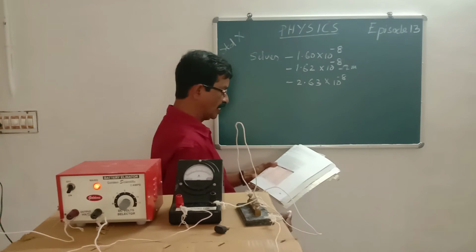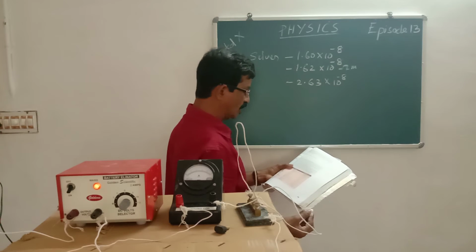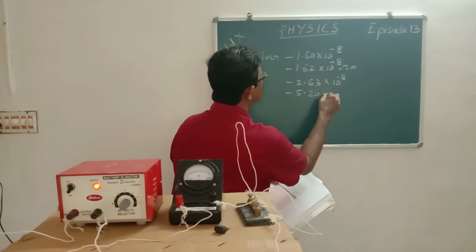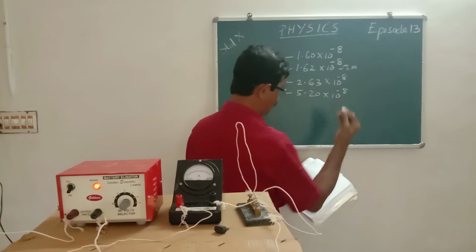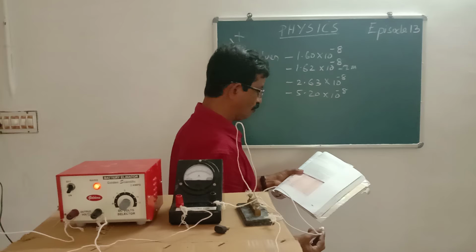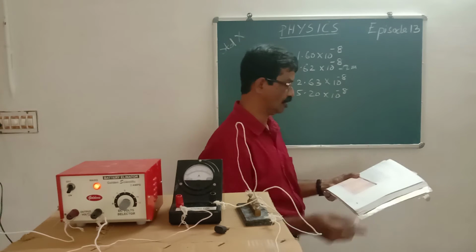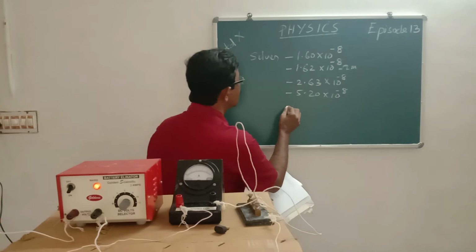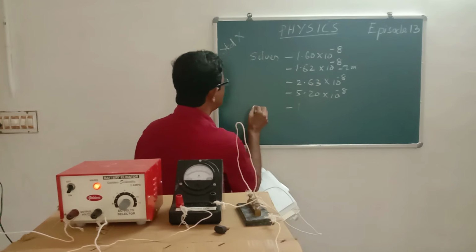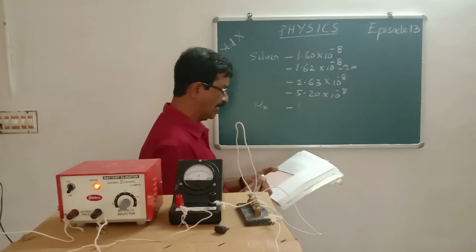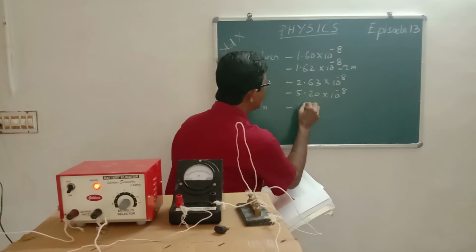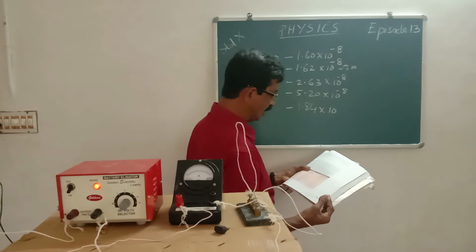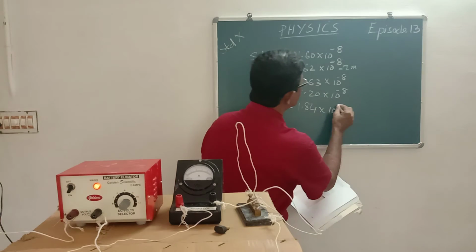Then for tungsten, it is 5.20 into 10 raised to minus 8. Then for nickel, in this way it is going on. And for manganese, it is 1.84 into 10 raised to minus 6.